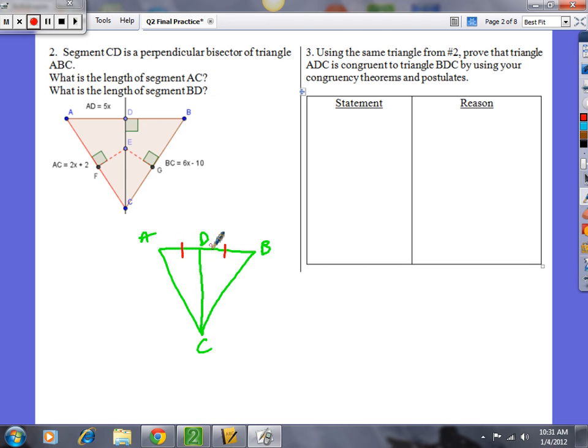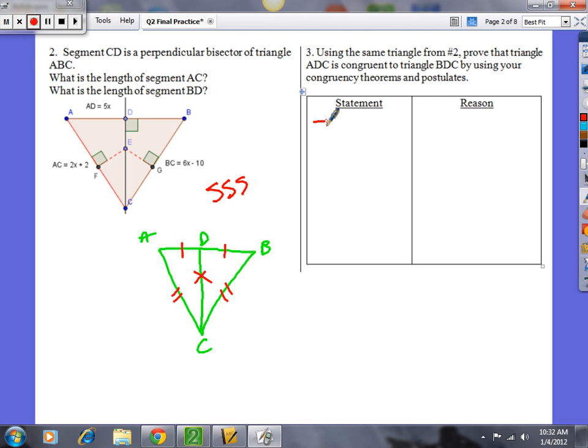I know DC is congruent to itself because of the reflexive property, and I know that AC is congruent to CB because C is equidistant to A and B because it's on the perpendicular bisector. So I have a pair of sides, 2 pair of sides, 3 pair of sides. So I'm going to use this. Side, side, side.